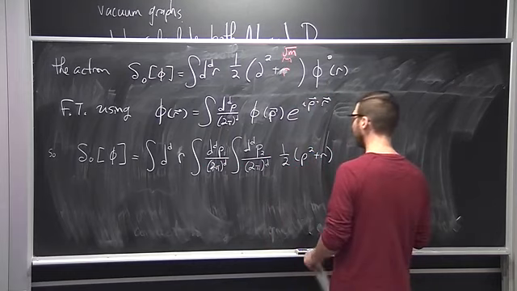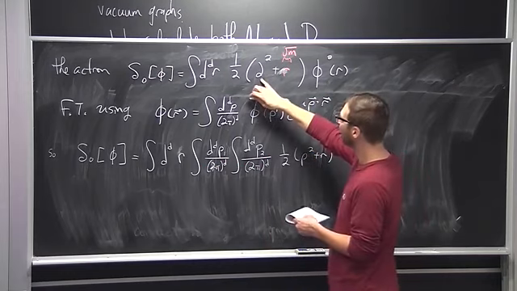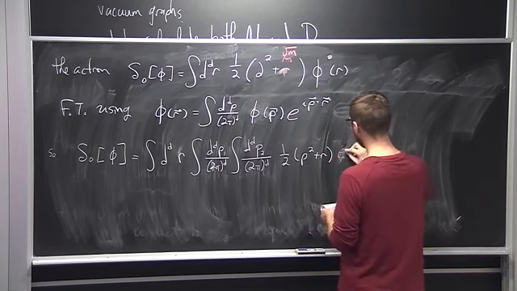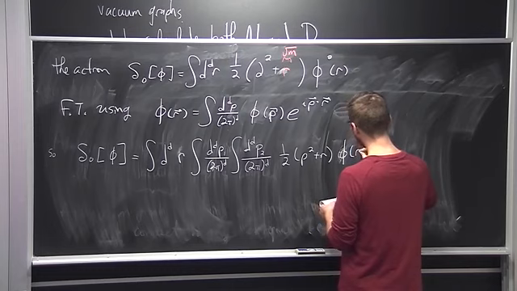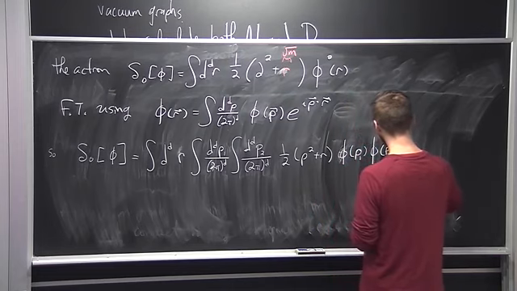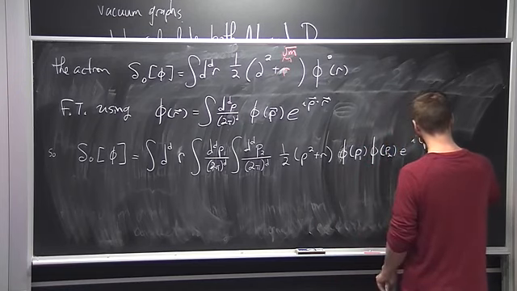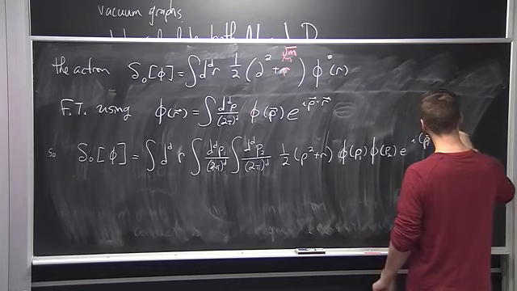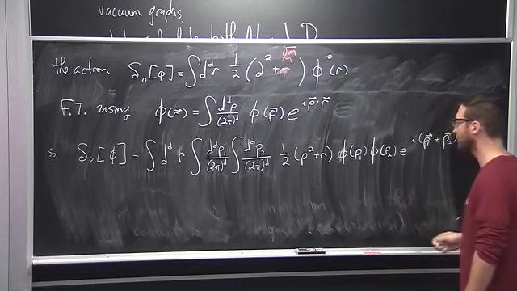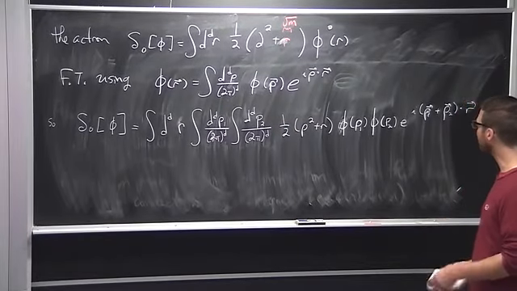Remember, we have a derivative that acts on the exponential that brings down a p squared. We have our two phi's now, which are in momentum space. That's incredibly messy. That's just a d-dimensional generalization of what we did in 1D.